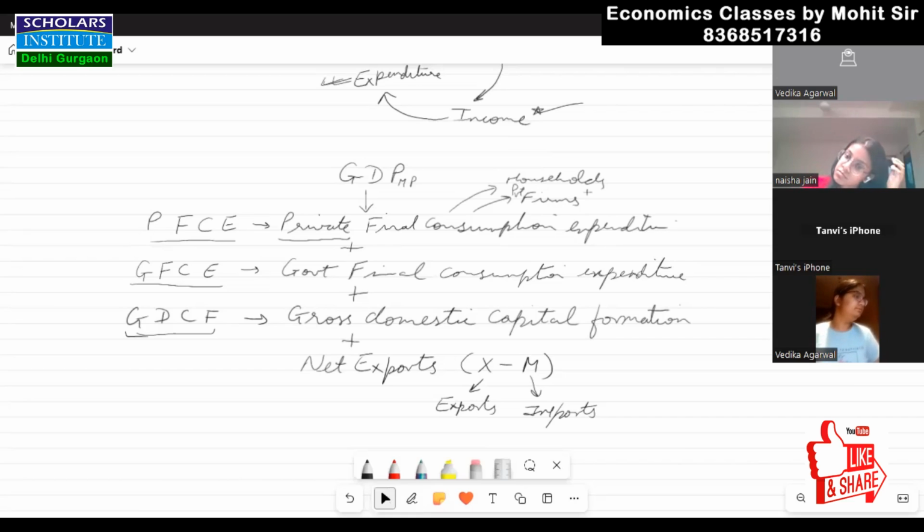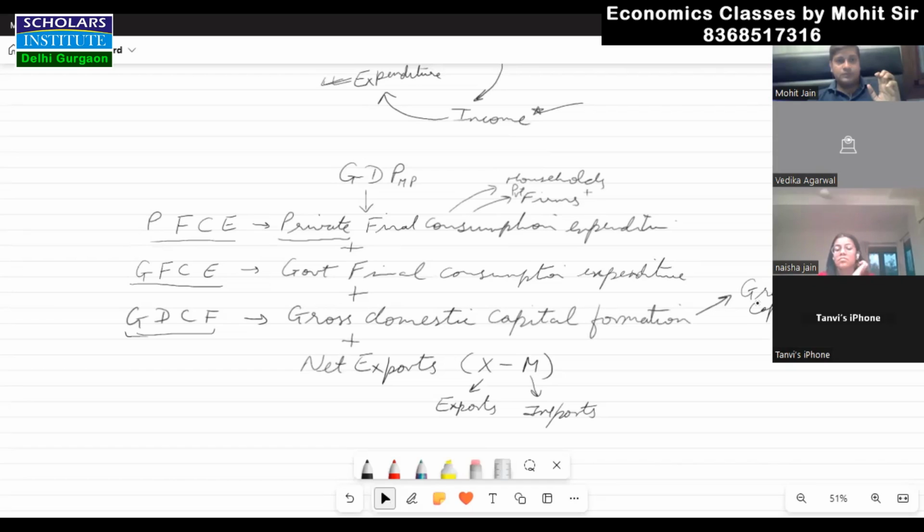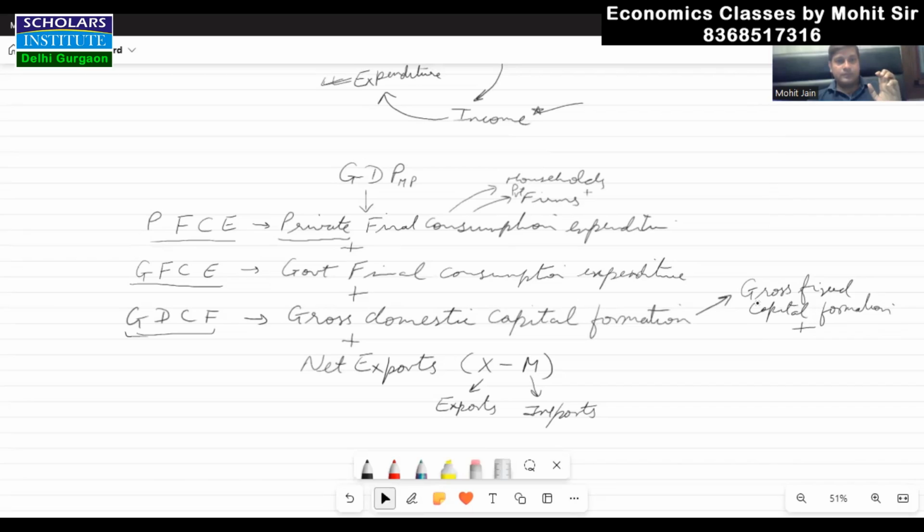One is called gross fixed capital formation, and it also includes change in stock.